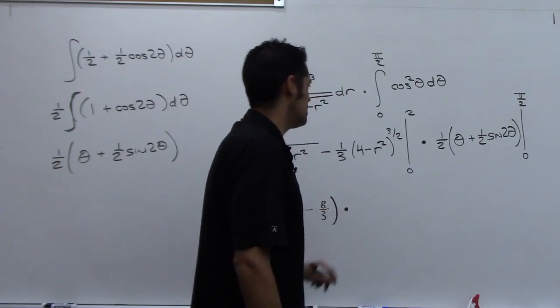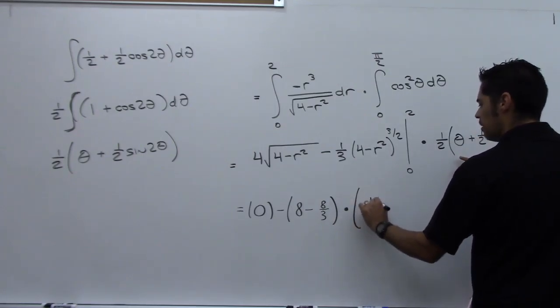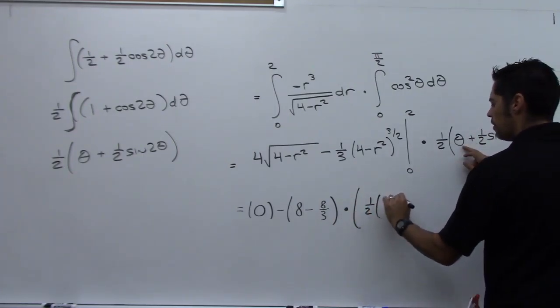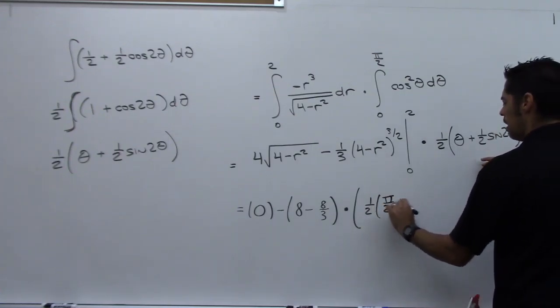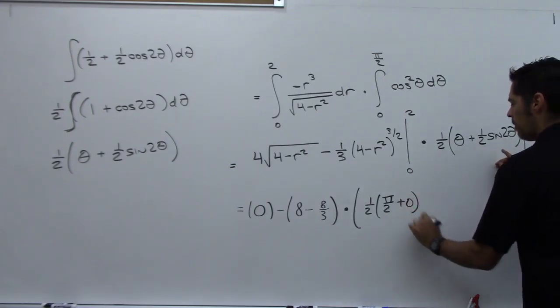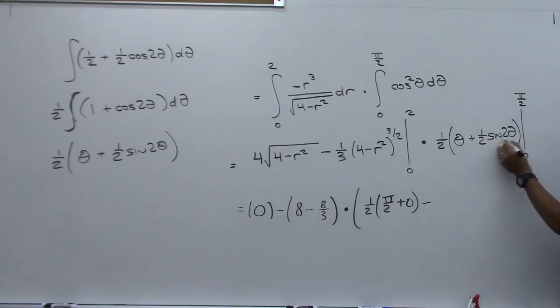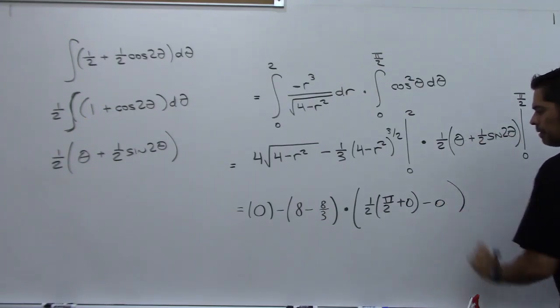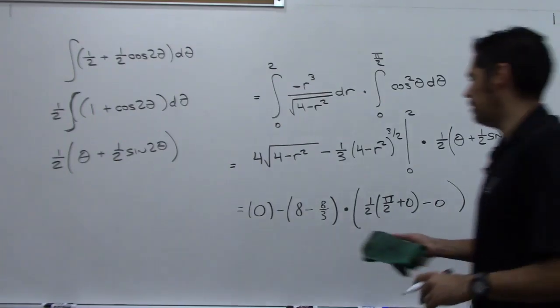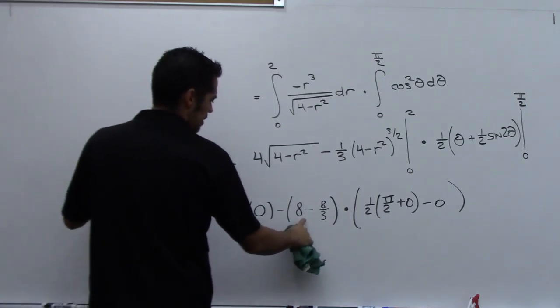Then times, over here, when I plug in pi over 2, I get 1/2 pi over 2 plus sine of, let's see, 2 times pi over 2 is pi. So sine of pi is 0. So that's gone, nothing. And then I go minus, and now when I plug in 0 here, I get 0 and sine of 0, 0. So we just get zeros here. So at the end of the day here, we're having 8 minus 8/3.